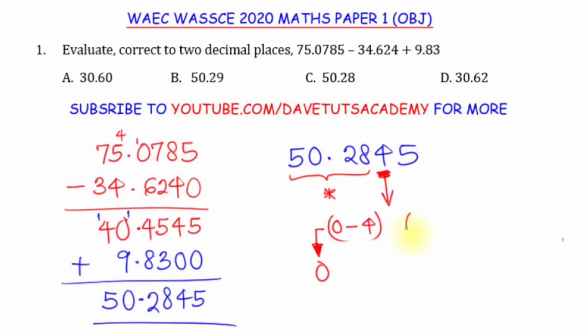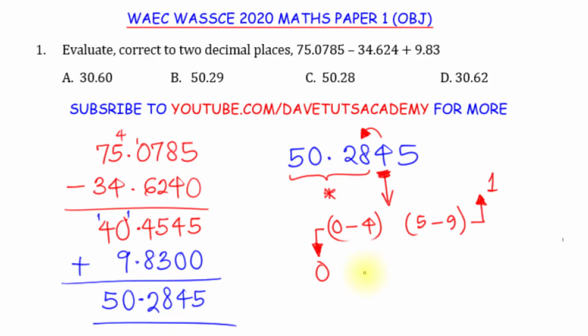And numbers between 5 and 9 are rounded up to 1. And if you round it up to 1, we add it to the entry just before the number that we are looking at. But in this case, we have 4. So, since 0 to 4 we round down to 0, that means this will not have any effect on the next number in consideration, which is 8.